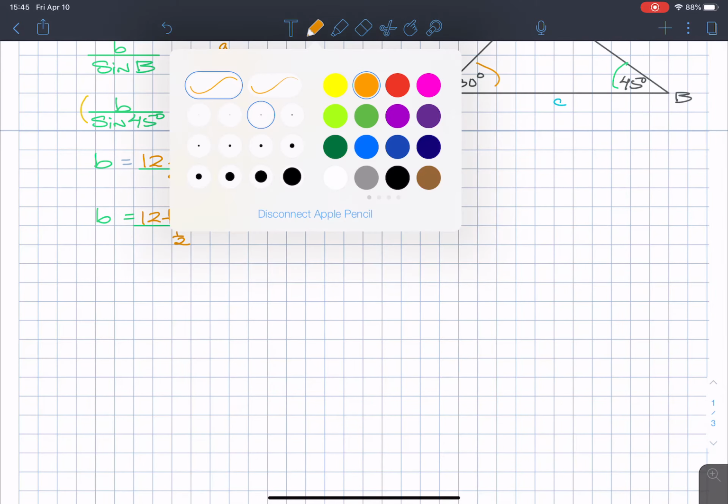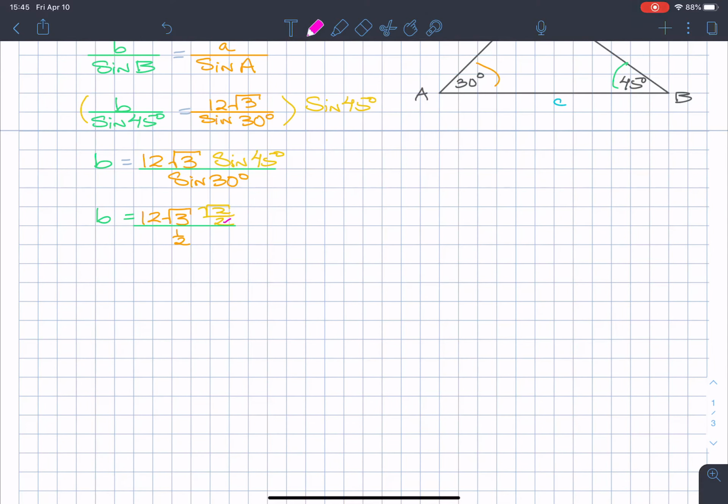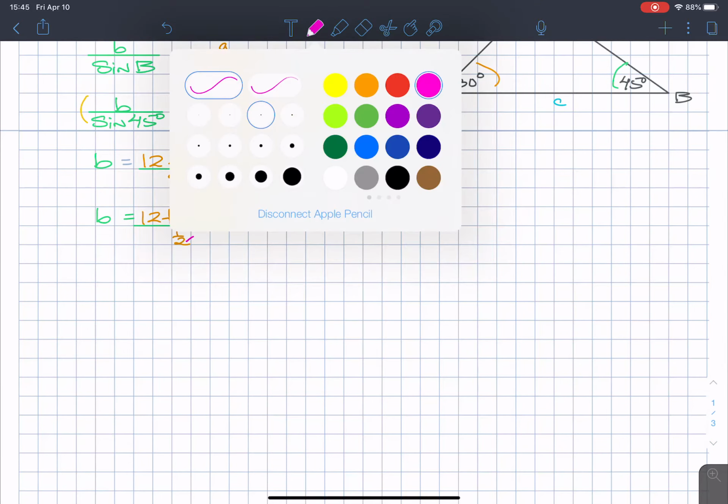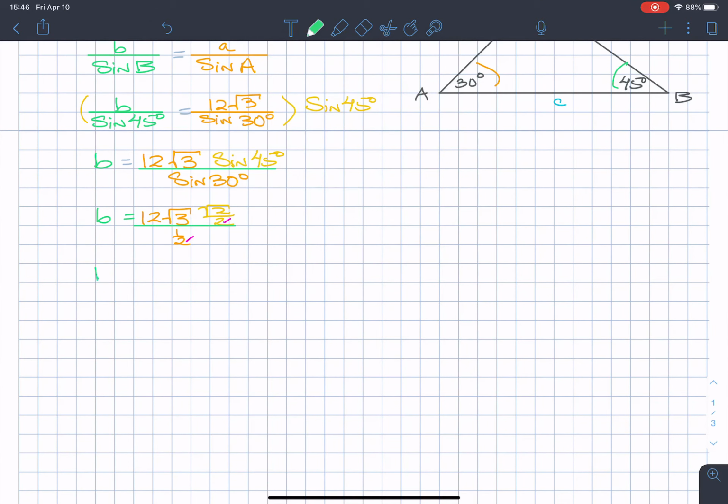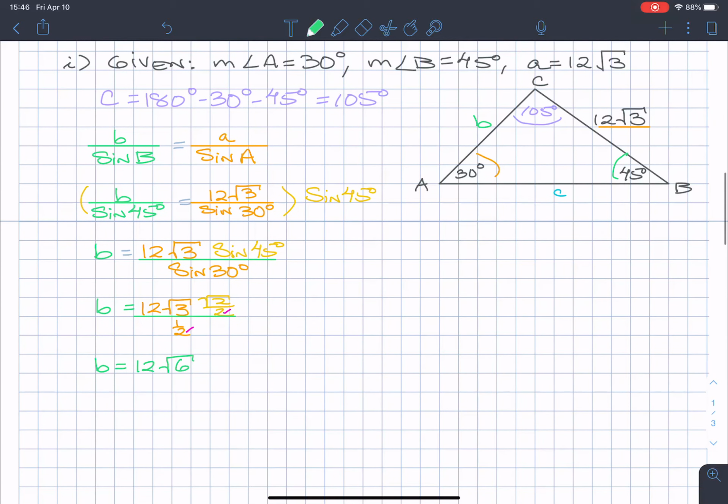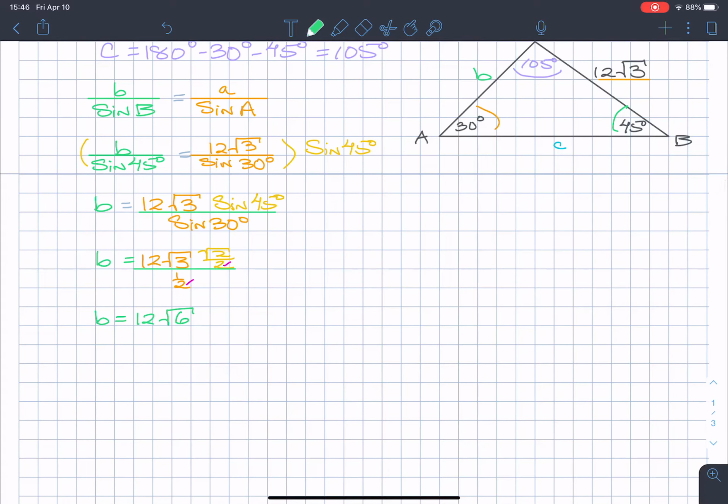Okay, so the 1/2s reduce, and I get that B is going to be 12 times the square root of 6. Okay, so now I've solved for side B. The remaining thing to solve triangle ABC is little side C.